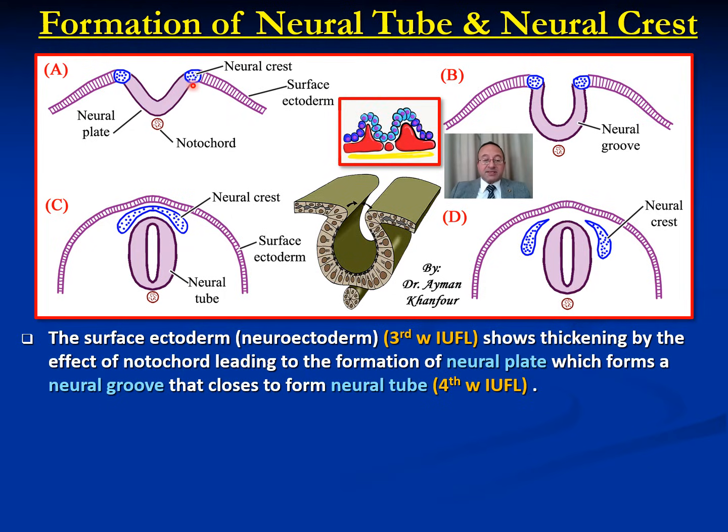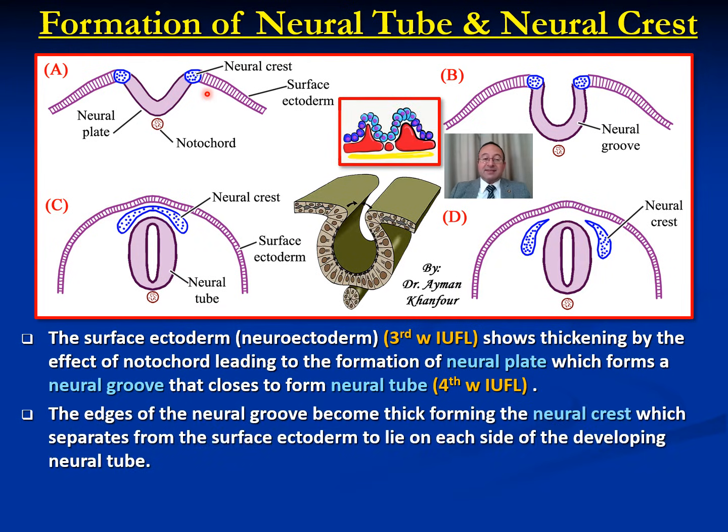Look at the edges of the neural groove. We find that it is markedly thickened, forming the neural crest cells. These neural crest cells become separated and detached from the surface ectoderm and lie on each side of the developing neural tube.